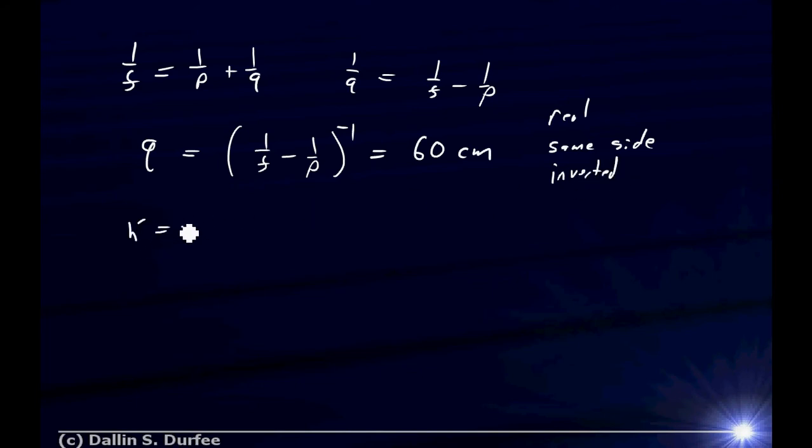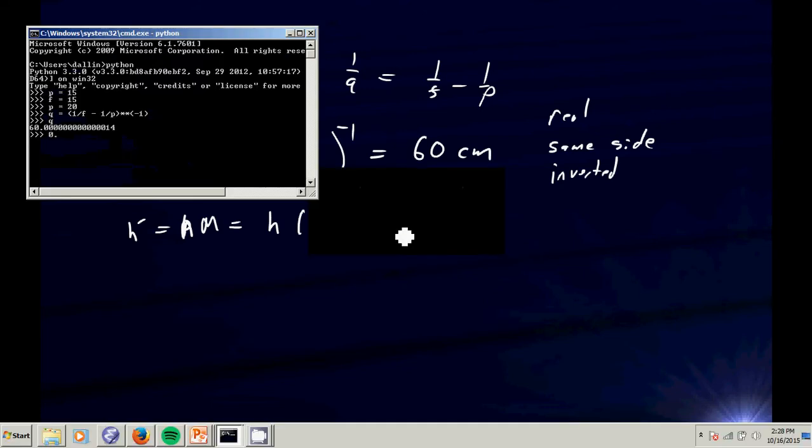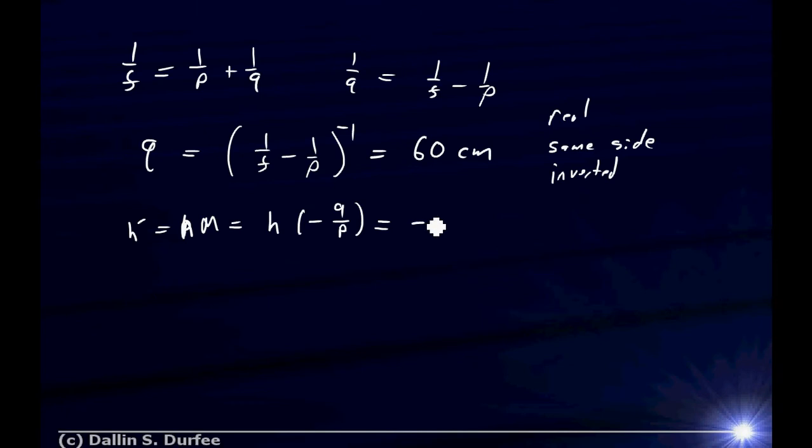H prime is equal to h times the magnification, but the magnification is just minus q over p. So the image will be 0.1 times negative q divided by p, so negative 0.3 centimeters. The image will be 0.3 centimeters tall and it will be inverted.